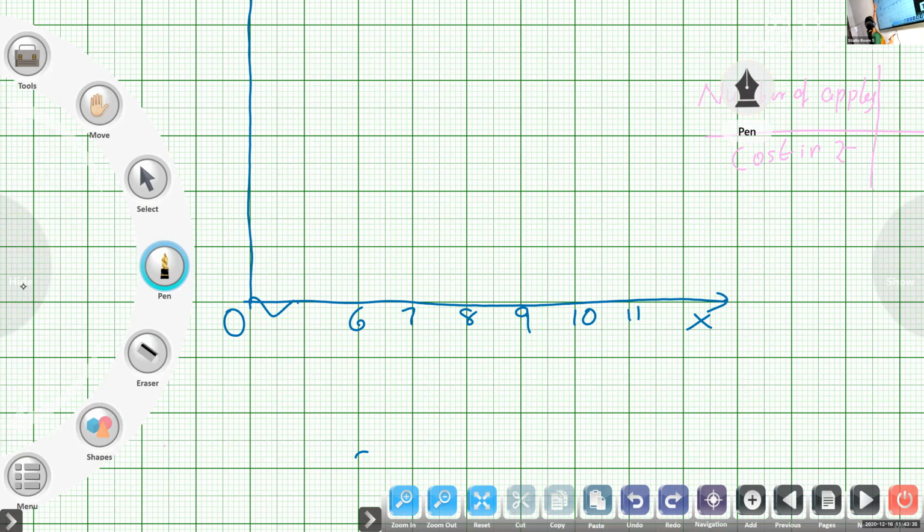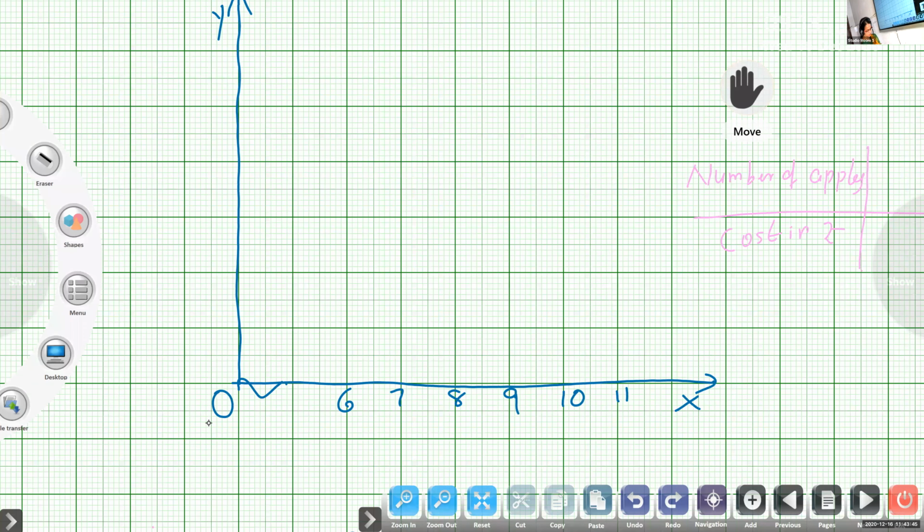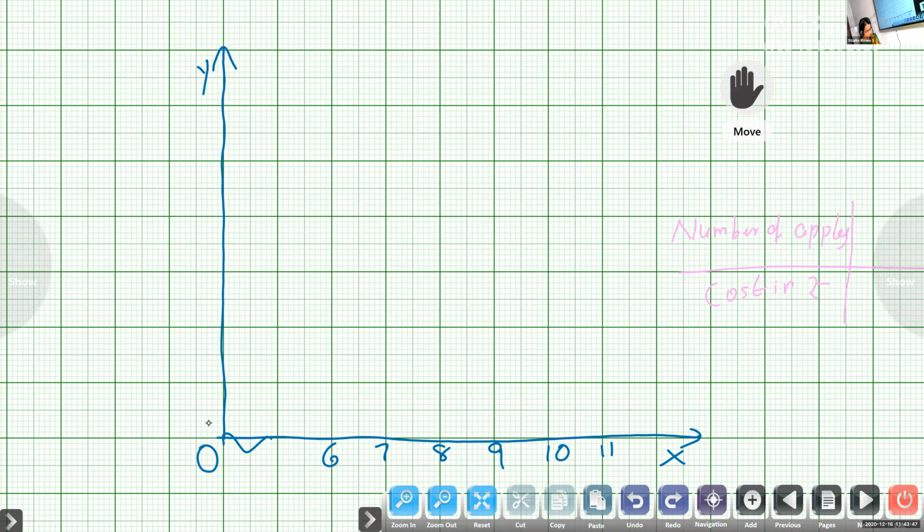And on the y-axis, distance covered, we will take 20, 40, 60, 80, 100, 120. Maximum is 120.